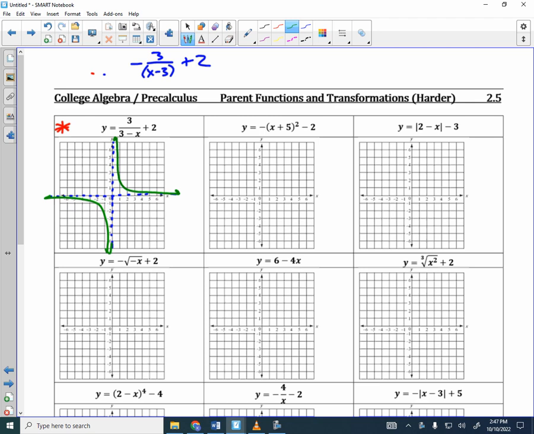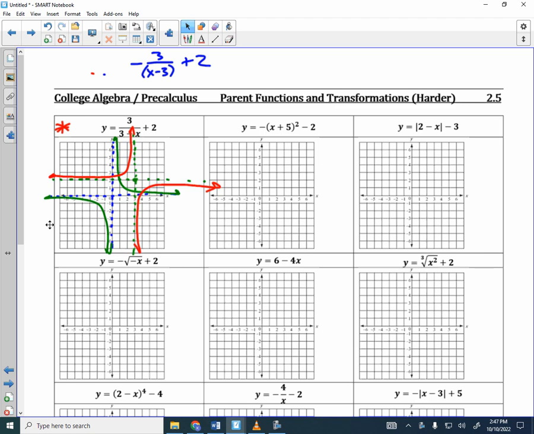Yep, vertical flip. So I'll go right 3, I go up 2. So that's where my new set of asymptotes are going to be. And if I vertical flip that guy, I'm going to have this part, and I'm going to have this part. And that's what I have.